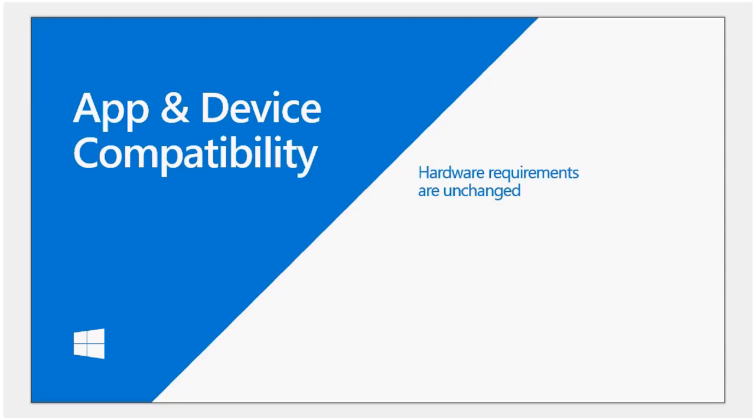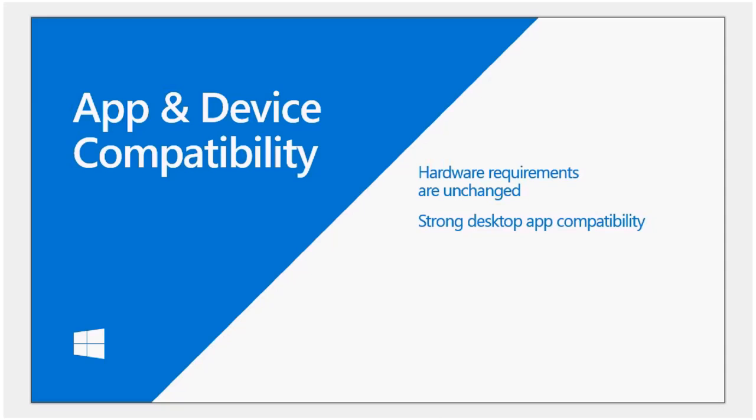So the same machines that wouldn't be able to run Windows 8.1 x64 wouldn't be able to run Windows 10 x64. But it's a very, very small percentage of machines that really shouldn't be in use in most organizations anyway. Overall, same CPU speed requirements, same memory requirements, same disk space requirements. All of those hardware requirements are unchanged.